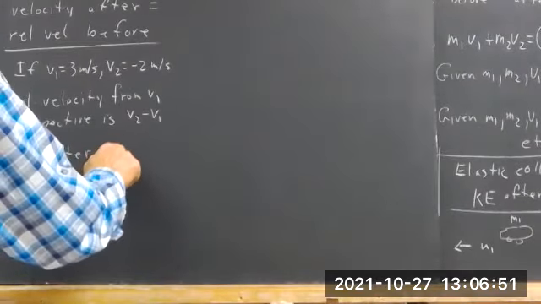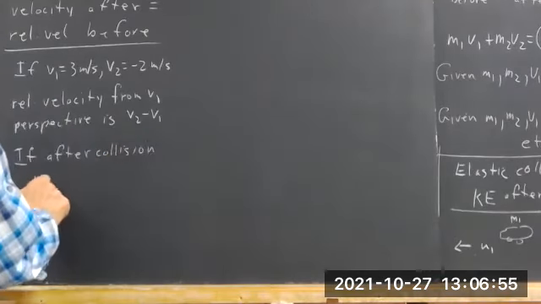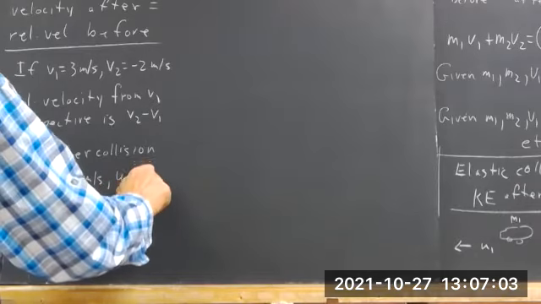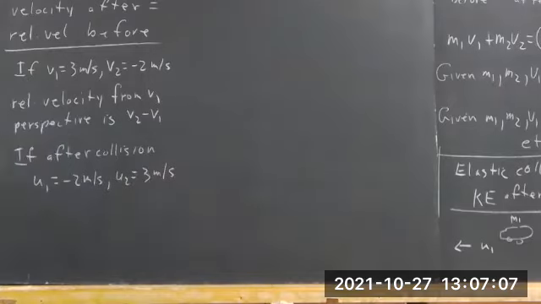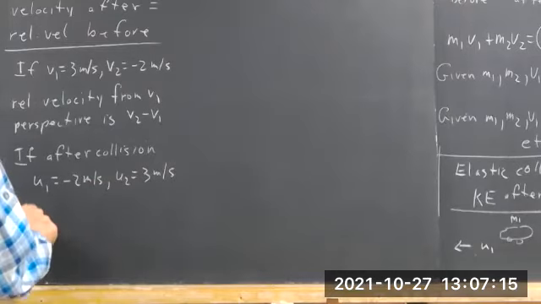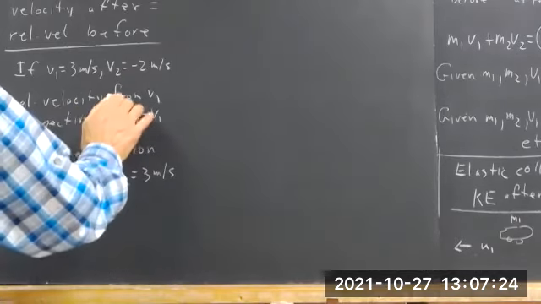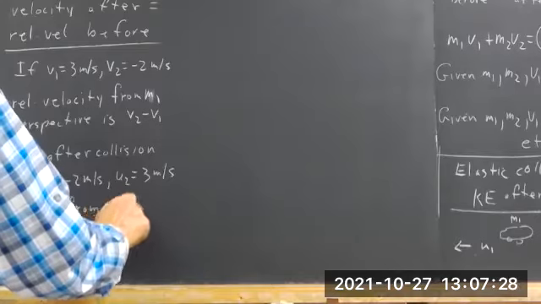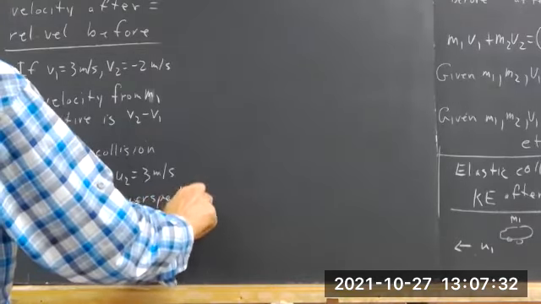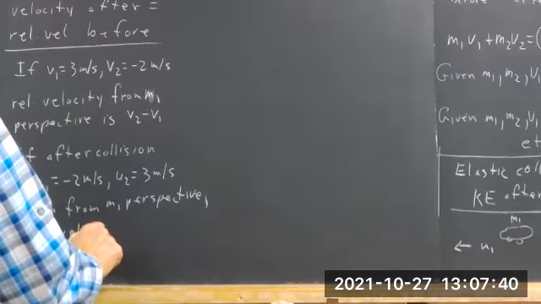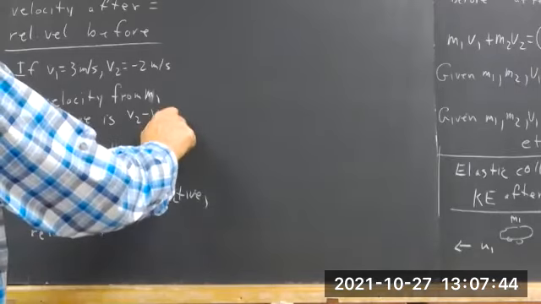Now, if after collision u1 is negative 2 meters per second, u2 is 3 meters per second, I could say from M1's perspective, I didn't finish this calculation.